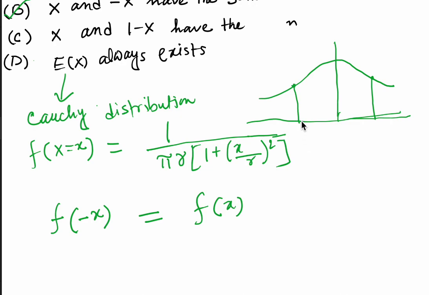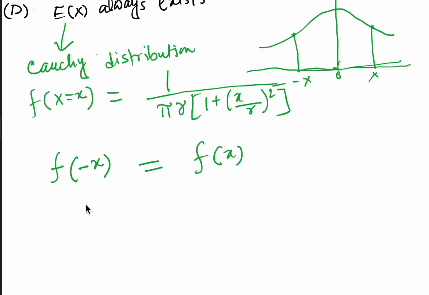You can also observe that the cumulative probability from minus x to 0 will be the same as from 0 to x. Let me check it. The integration from 0 to minus x of f of minus x dx, I think it is in the opposite way, so this is minus x to 0 of f of x dx.